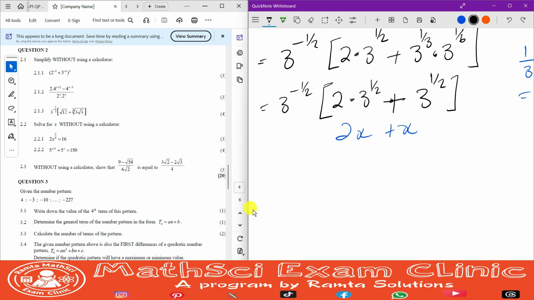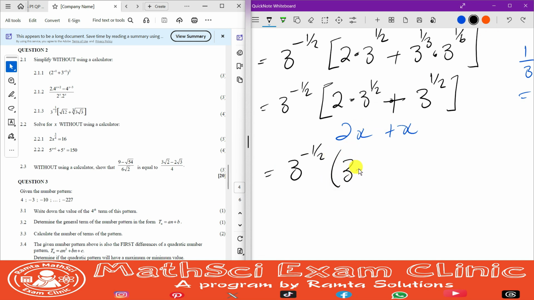Therefore, you can simplify this and say you have 3 to the power negative half, all right, open bracket, this becomes 3 times 3 to the power positive half. Okay. Now, you can see this is a product of 3 numbers.